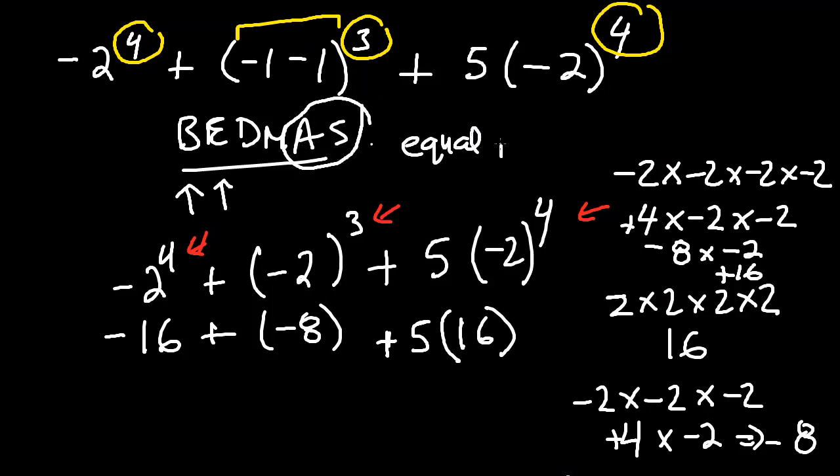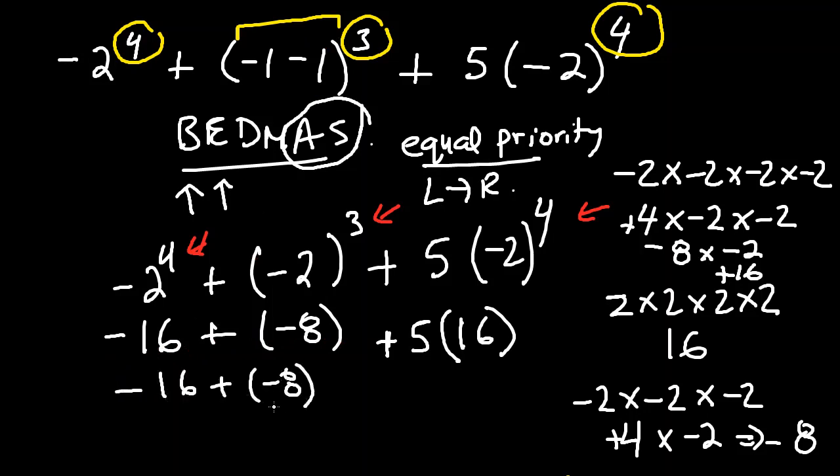However, we have to perform them from left to right. Okay, so from left to right. So that means going from left to right, we just have to perform these operations. So first of all, we have to do 16 plus a minus 8. Okay, and then we have to add whatever this is.